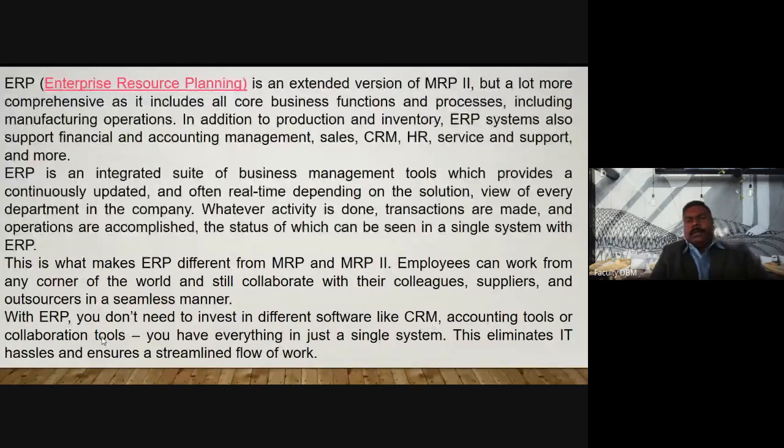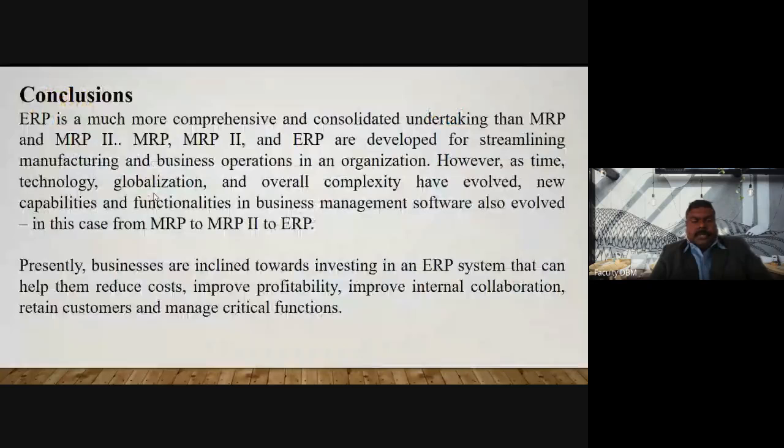So no need. Everything here on the top you can see: in addition to production and inventory, ERP systems also support financial accounting management, sales, CRM, HR, service and support and more. So this is the greatness of ERP packages nowadays they are using.